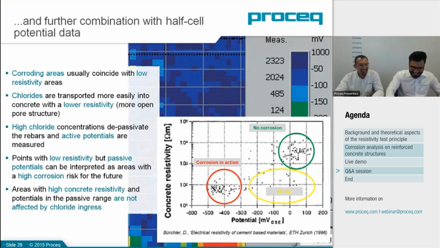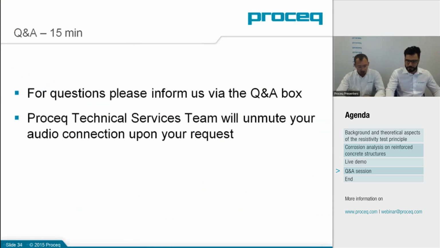All right. We actually have another question here. By using the variable spacing probe, Resipod geometric, can we vary the depth of the measuring point? Yes. Just like in geophysics, the broader the spacing, the deeper the range.